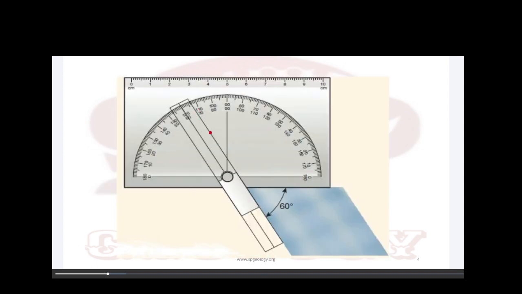So this is the instrument. This part is movable. One part will be kept coincident with a crystal face and this one with the another face. Then it will measure the angle. Whatever the movable part points to in degrees, that is the interfacial angle between the faces.